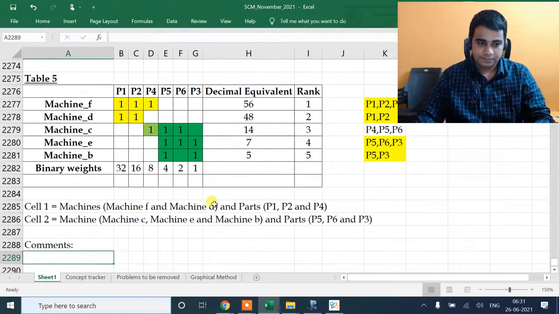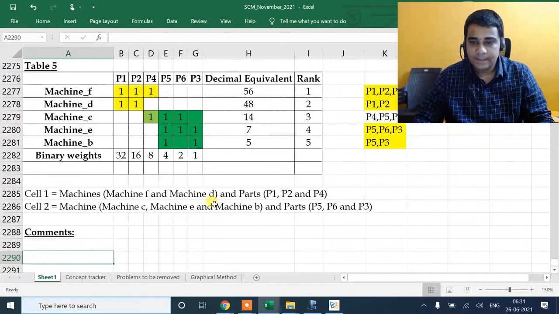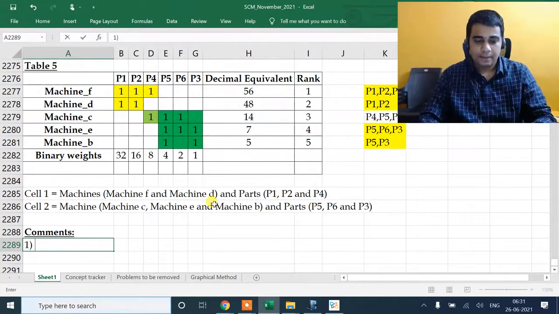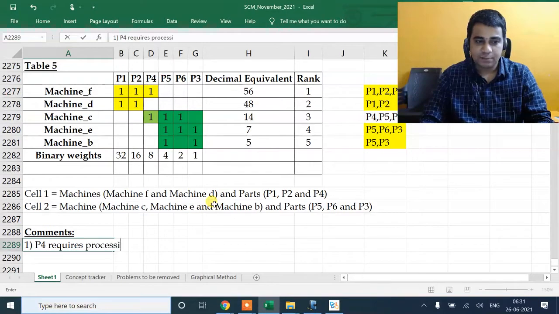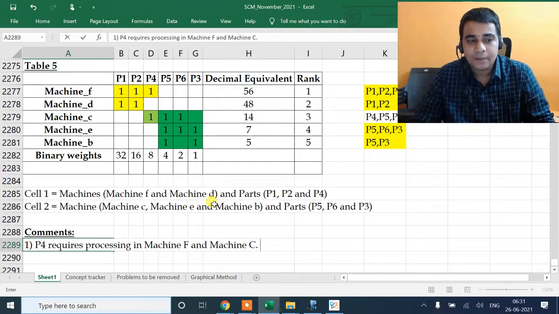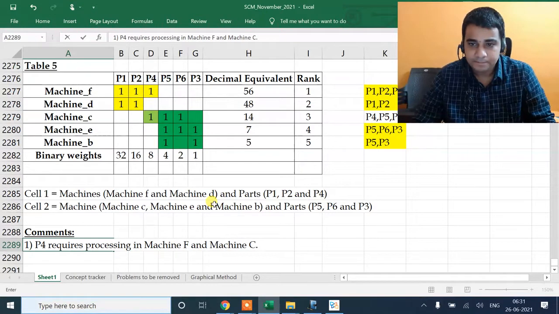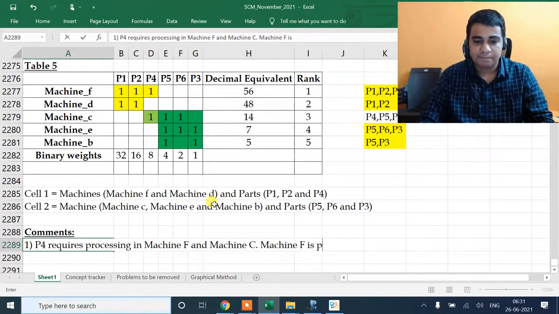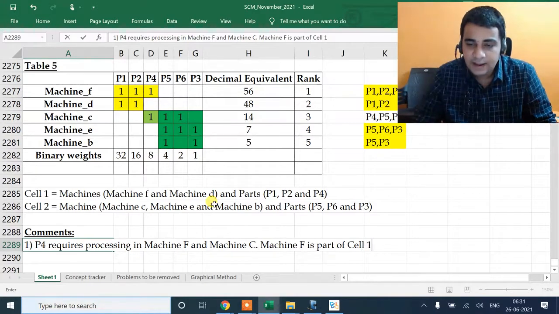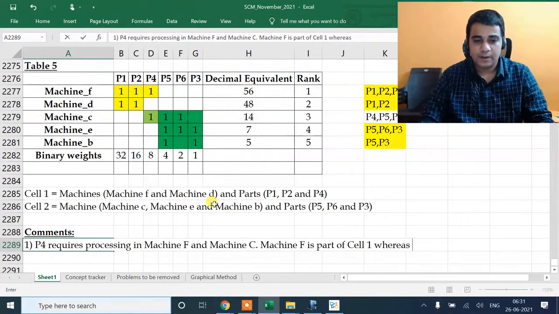Comments. Part 4, P4, requires processing in machine F and machine C. Machine F is part of cell 1, whereas machine C is part of cell 2.